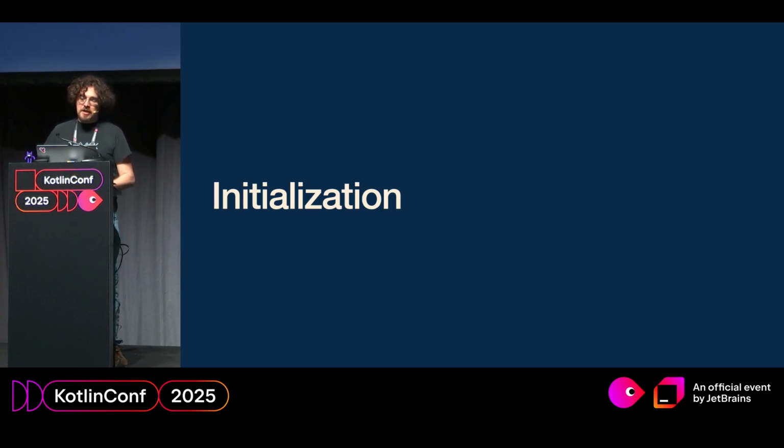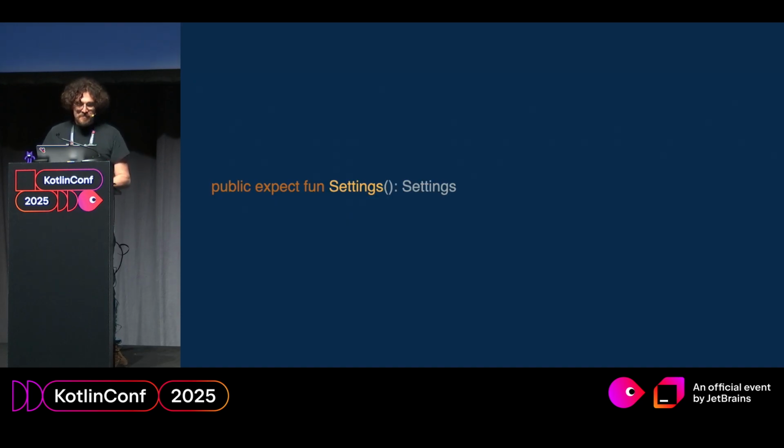One of the first major additions: I added a separate module that has this no-arg function. So you can just call settings like it's a constructor. I have mixed feelings about this. It's still in the library, I still support it, and a lot of people find it really nice as a way to start things off. But it has some frustrations.